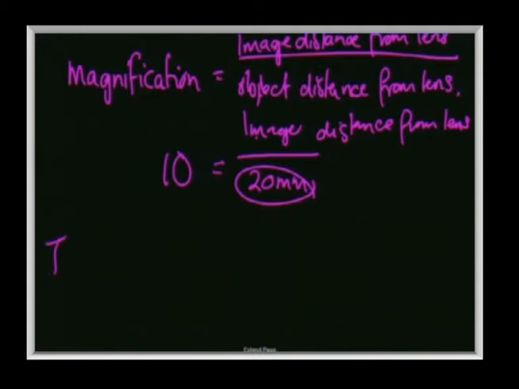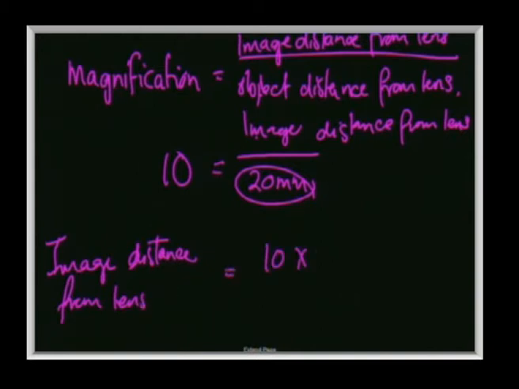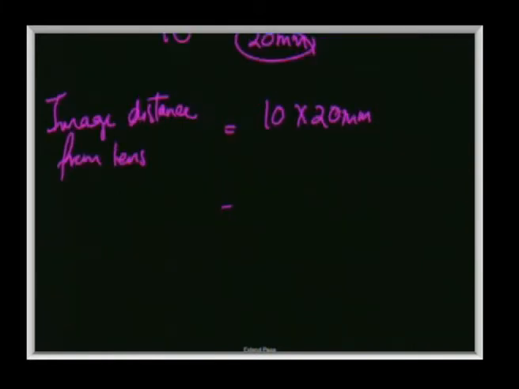So image distance is going to be 10 times the 20 millimeters, and it's going to give us an answer of 200 millimeters.